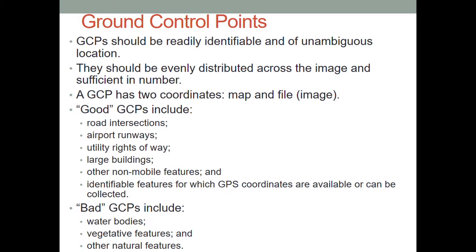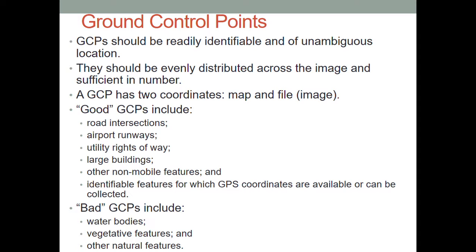So use identifiable features of which GPS coordinates are available or can be collected. It could be one that already has its own GPS coordinates, or you go to the ground, collect the GPS coordinates, go back and do the registration. And bad GCPs include water bodies. Why? Because water is not static. It flows, number one.